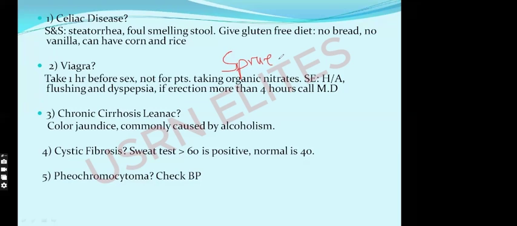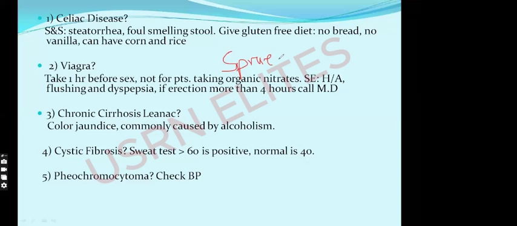Ketchup, they don't take. Tomato sauce, peanut butter. Yes, they are not supposed to take all of these things because they contain gluten.